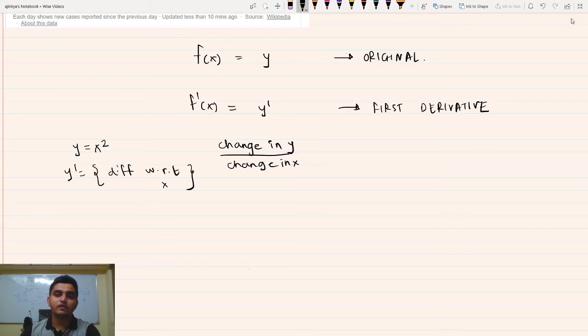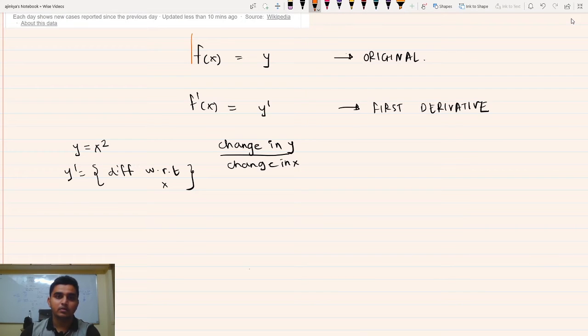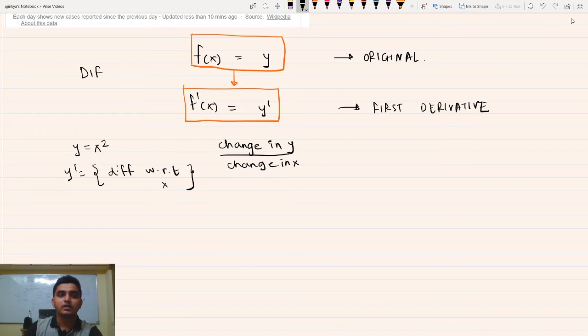So the process of going from this function to this function is called differentiation. So in mathematics, we need to know which process we are going to do in order to find a particular function.